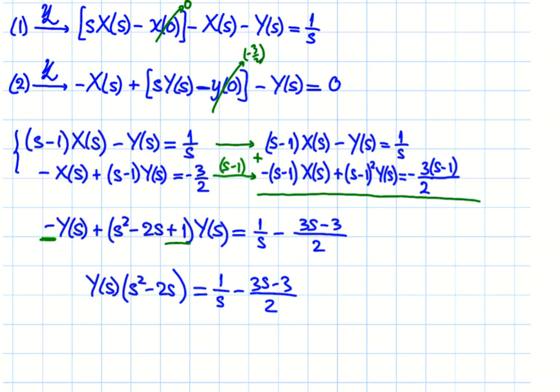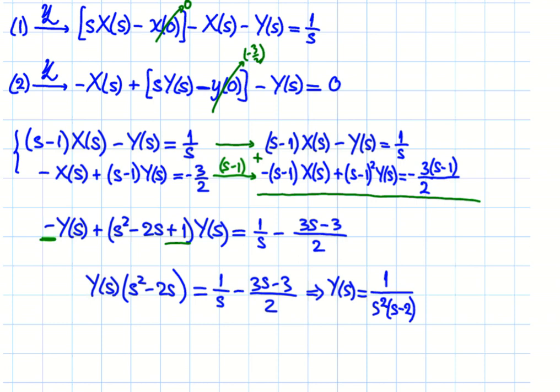And then we just divide by s squared minus 2s on both sides. So we have Y(s) equal to 1 over s times (s squared minus 2s). Actually, I factor out s squared, so we will have this.